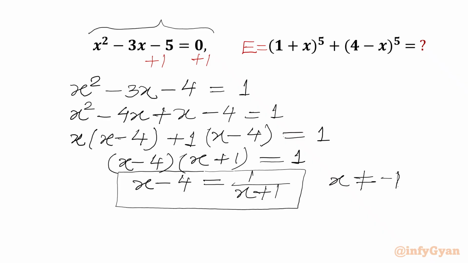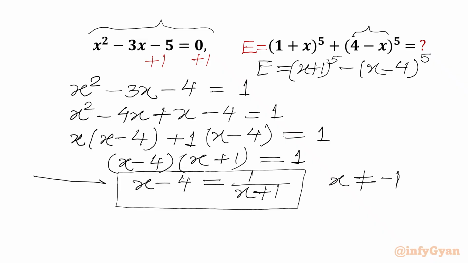How is it possible? First I will take minus 1 common from here. So I can write required expression E: (x + 1)^5 as it is. Once I take minus common, it will come out as -1, so the plus sign will change into minus. Then we will write (x - 4)^5.